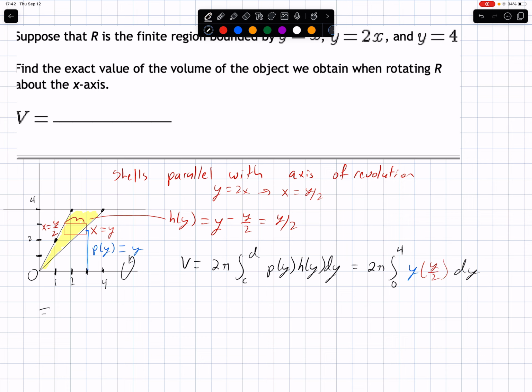So that's going to be 2 pi, and we have y squared over 2, so y cubed over 3 would be the integral, 0 to 4. We're going to get pi over 3 times 4 cubed minus 0 cubed. And so that's going to give us 64 pi thirds. That is the volume if we rotate it around the x-axis.